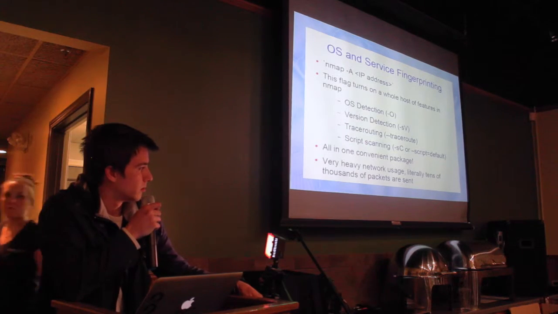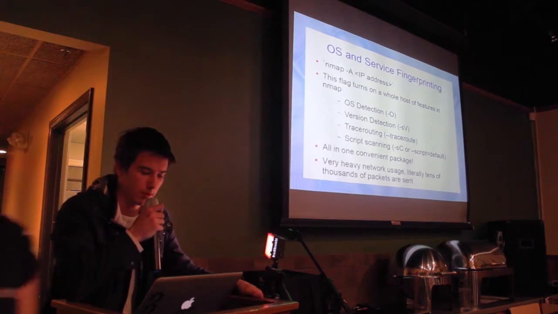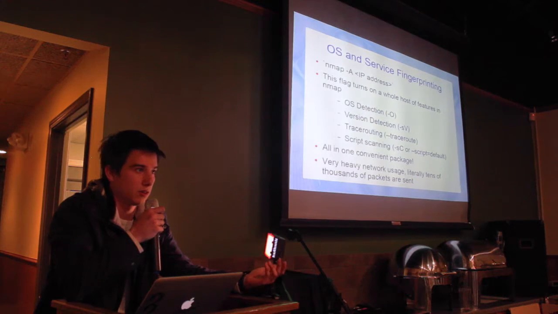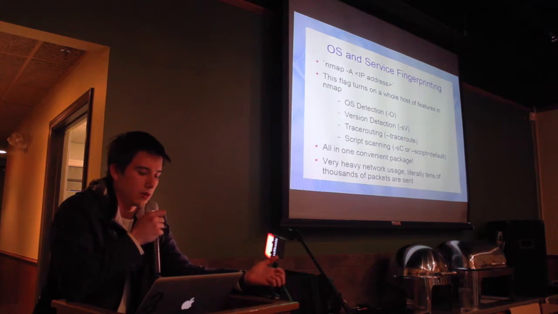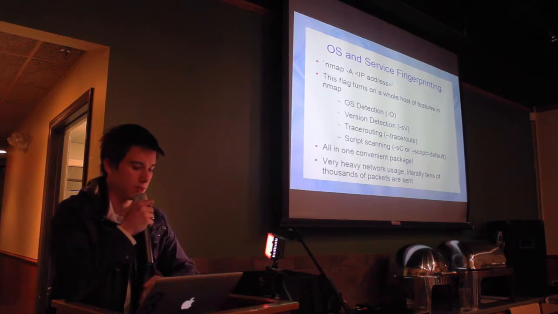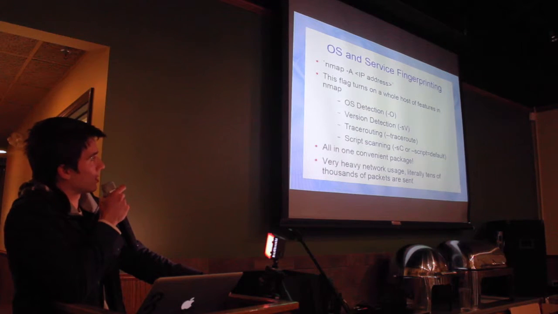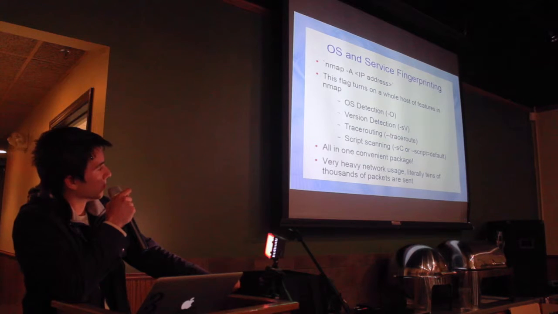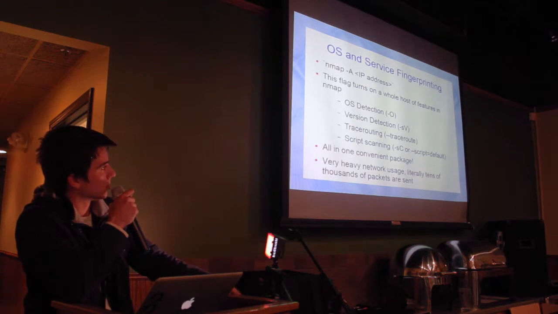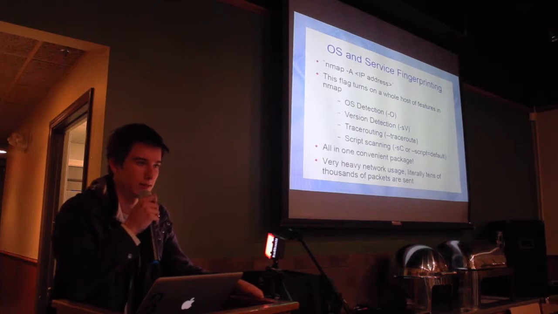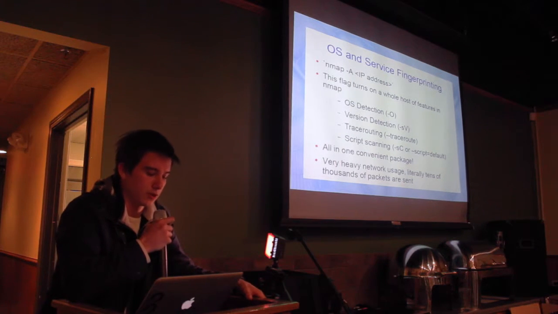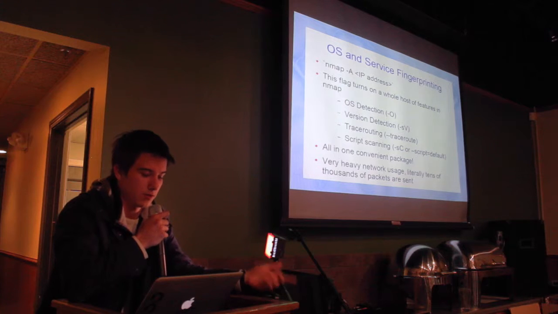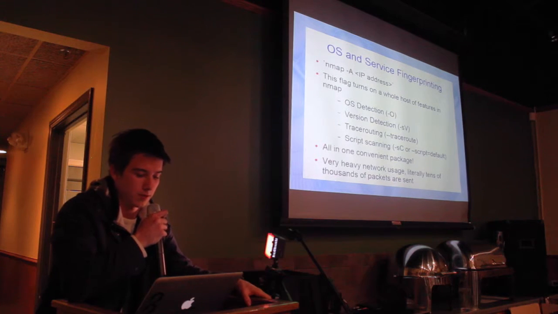Here's where OS and service fingerprinting come in too. There's a -A flag, capital A, right up at the top, and it turns on a whole host of what Nmap calls advanced and aggressive fingerprinting techniques. That's why there's a capital A. It does OS detection and service fingerprinting, like specified in the previous slide.